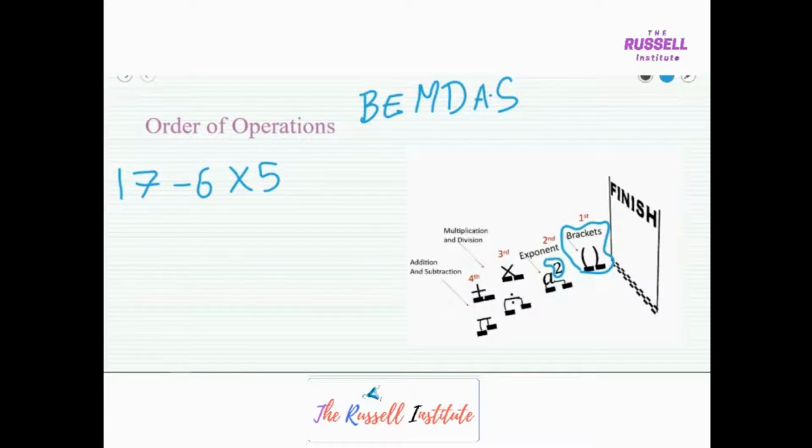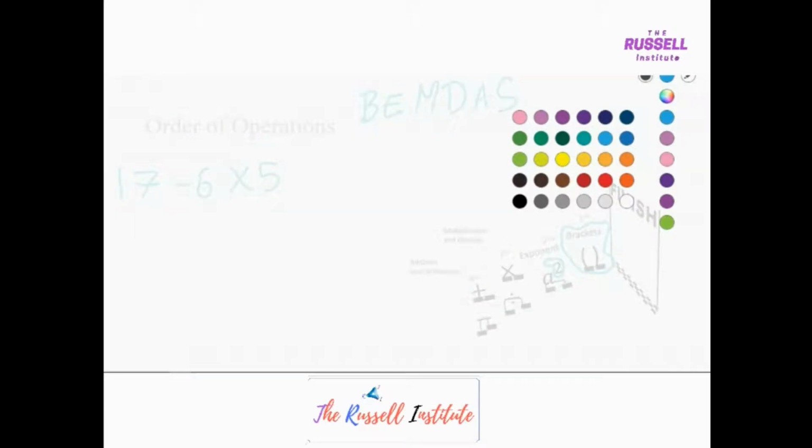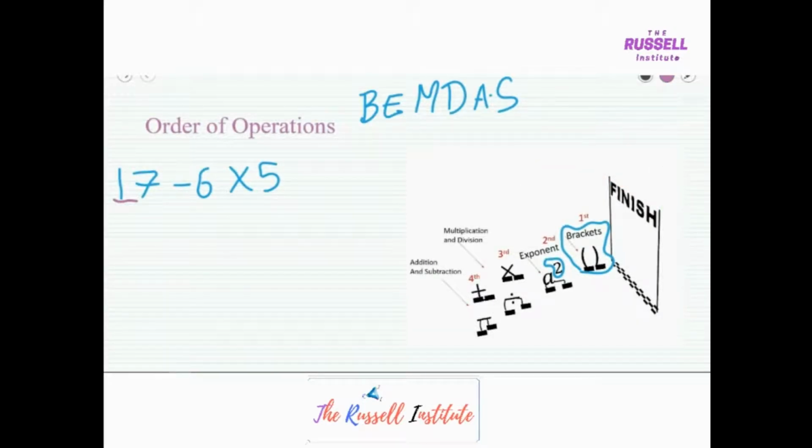Now, that's a long-winded intro. We can always say that that is the order of operations, but when we actually put it into action, how does it really work? So let's look at this example over here where we have 17 take away 6 multiplied by 5. Now, our natural desire is to just do what we see first.